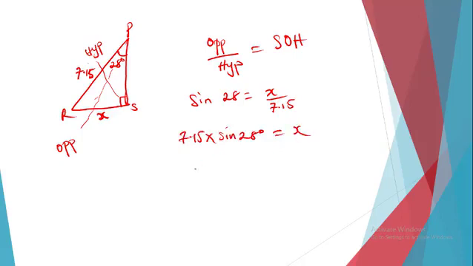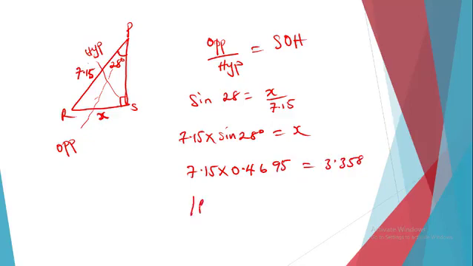Then the value of sine 28, we have 7.15 times 0.4695, and that will give us 3.358. They said we should leave our answer in 3 significant figures.